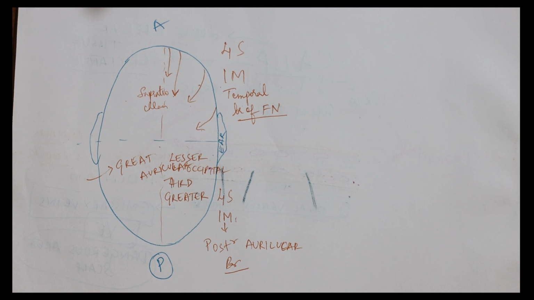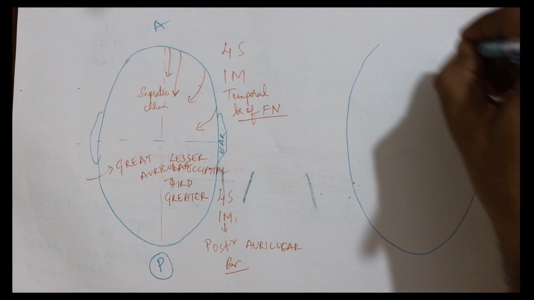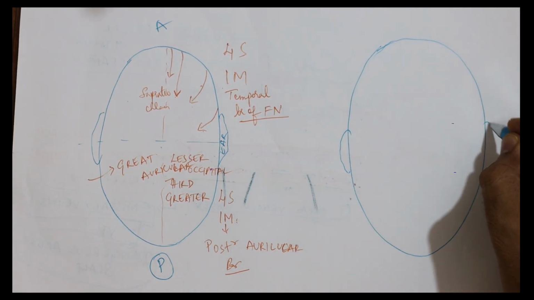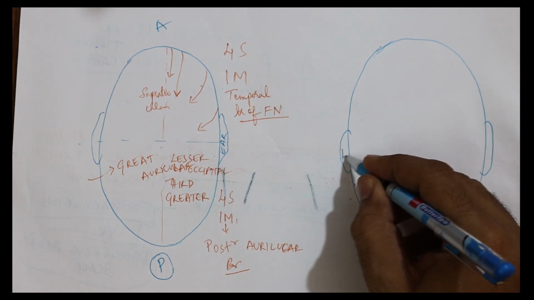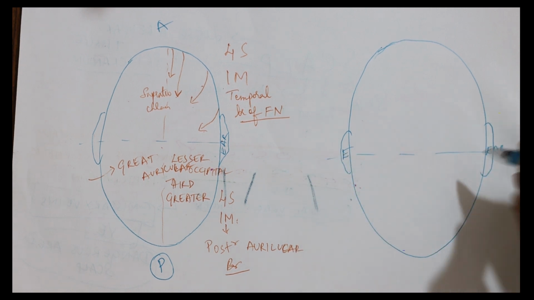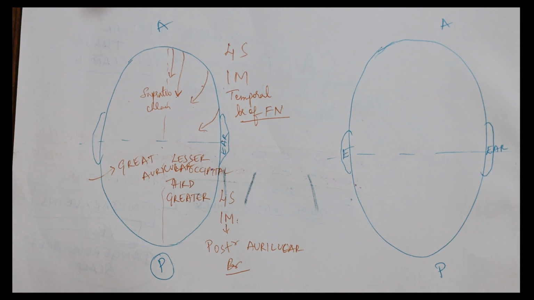So next, if we appreciate the arteries that supply the scalp, as I said, again it is divided into arteries that supply in front of the ear and arteries that supply the region posterior to the ear.